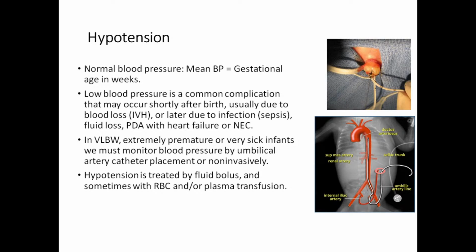In very low birth weight, extremely premature or very sick infants, we must monitor blood pressure by umbilical artery catheter placement, or non-invasively with monitors. Hypotension is treated by fluid bolus and sometimes with RBC or plasma transfusion.